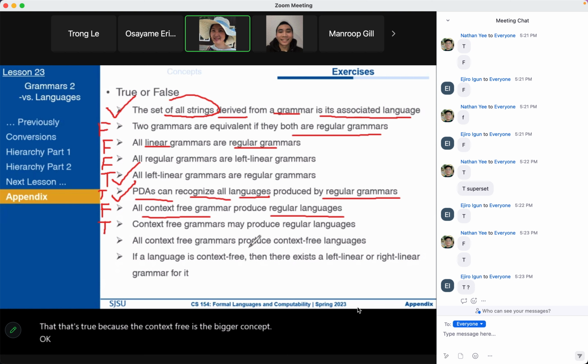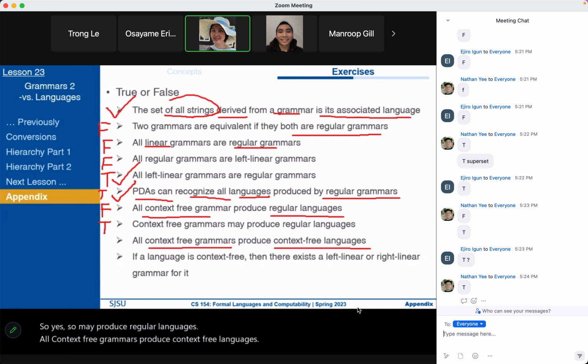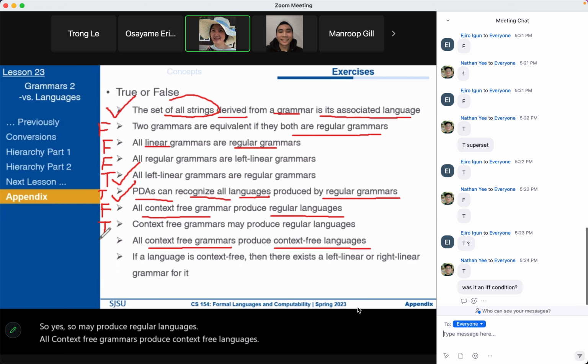If a language is context-free, then it may or may not be regular, so yes, they may produce regular languages. All context-free grammars produce context-free languages. Yeah, that's true. That's just the definition, the part of the IFF.